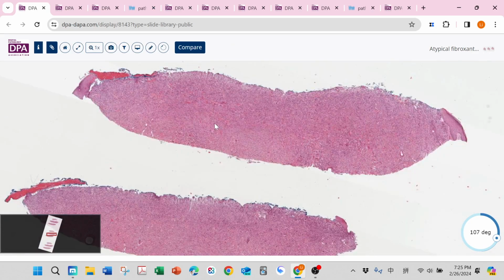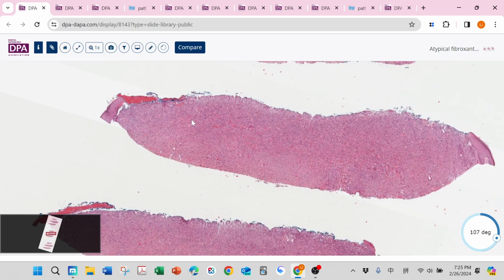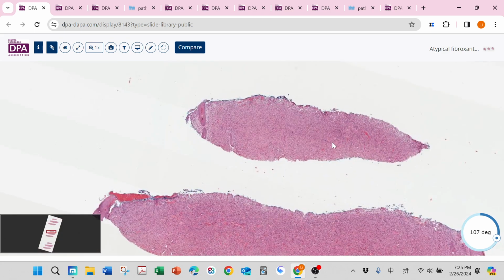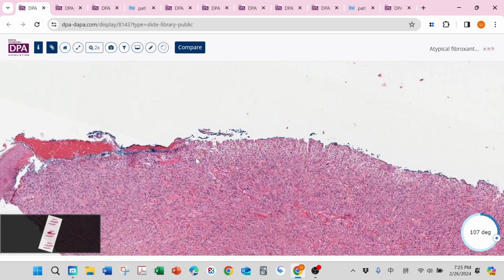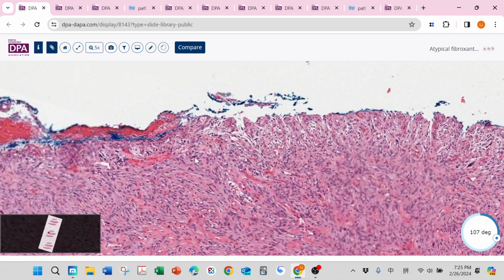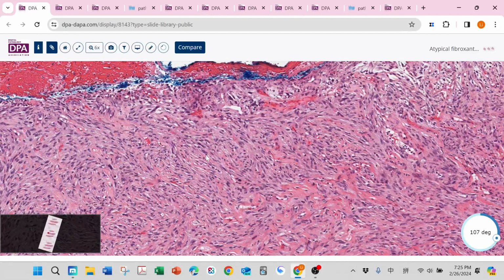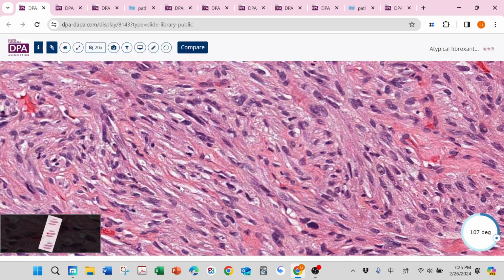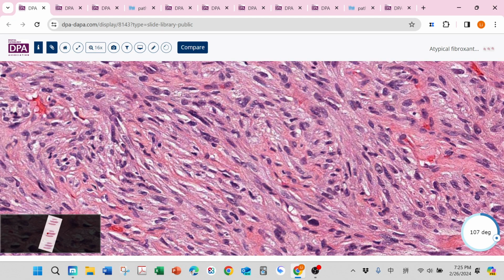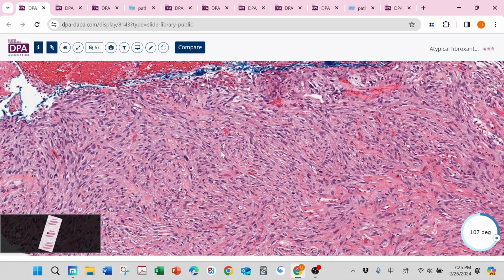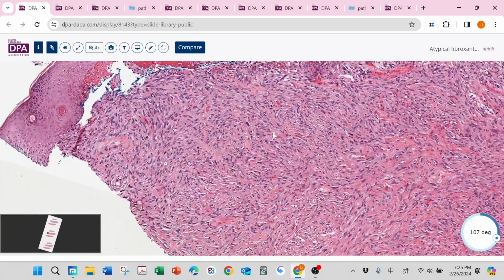Here is another example of AFX. Usually in AFX the epidermis is gone because of the ulcerated surface, and you can see these pleomorphic spindle-looking cells. Sometimes the cytoplasm looks clear and bubbly, which is where the name xanthoma comes from, hence atypical fibroxanthoma.